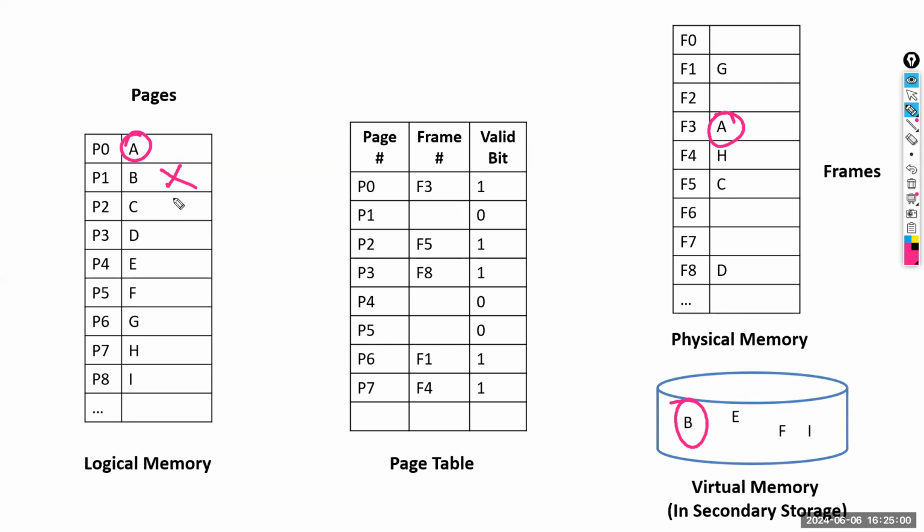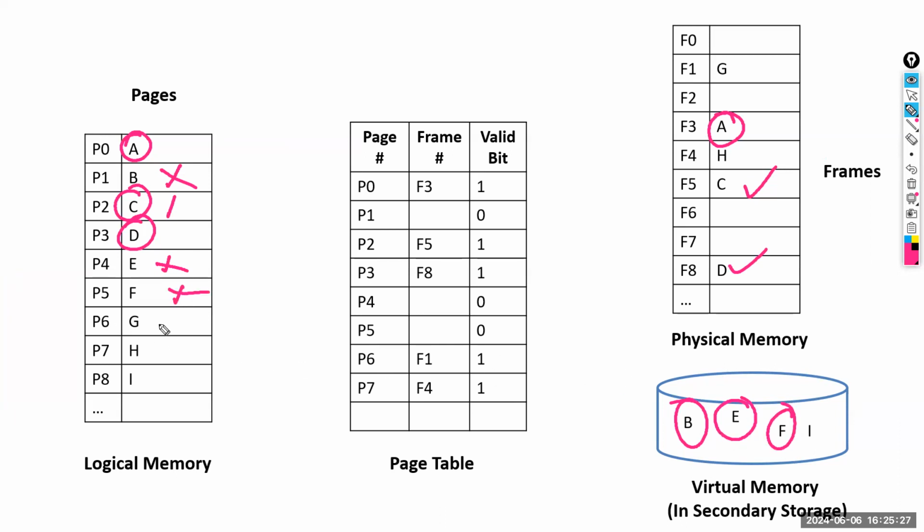So page 2 is mapped to frame 5. Page 3 is mapped to frame 8. But page 4 is in the virtual memory. Page 5 is in the virtual memory.